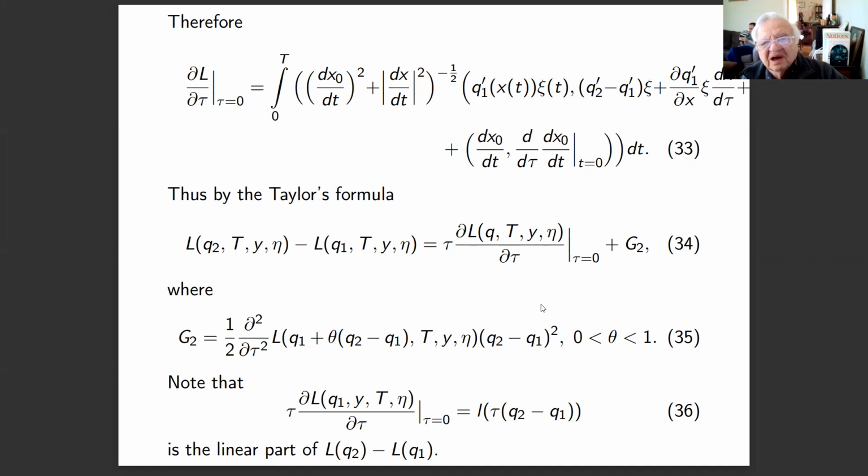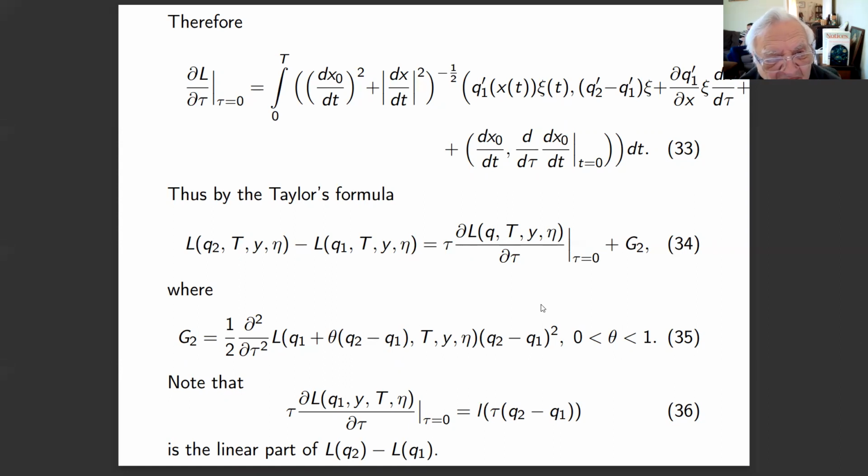I did not write in detail what the second term is, but the first term is q1 prime xi of t inner product with q2 prime minus q1 prime plus lower, not essential terms.